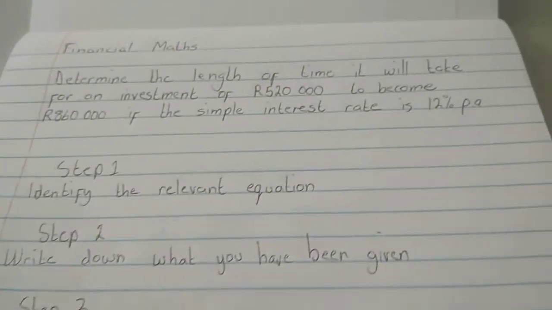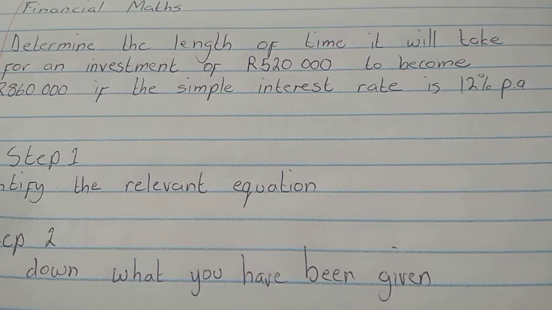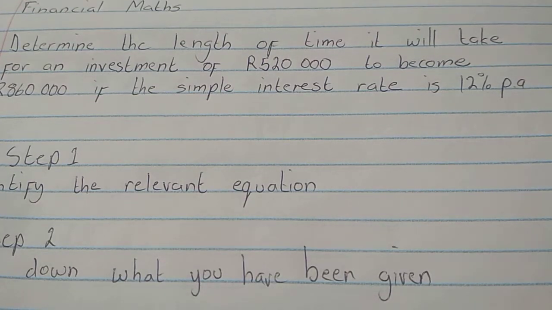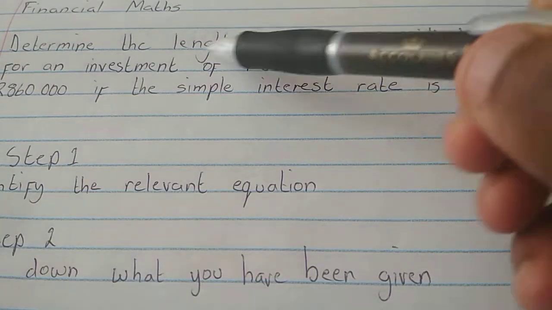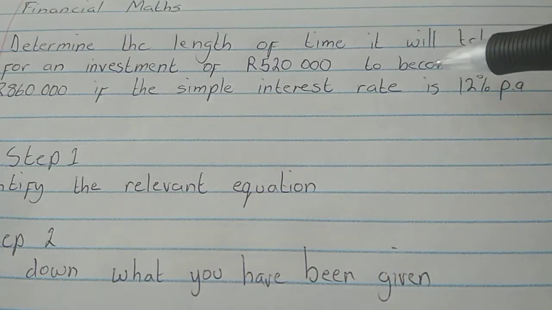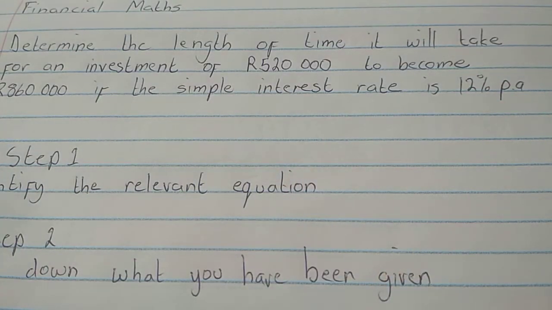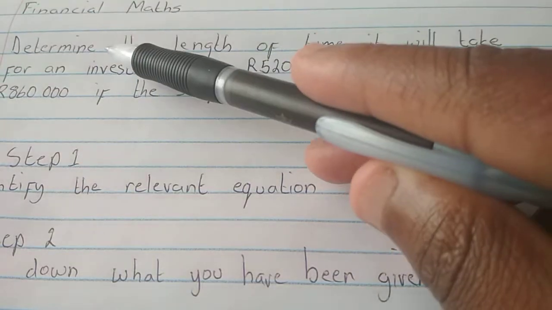Okay, so let's take our 3 simple steps and try to figure out the answer to this question over here. Step 1, identify the equation. So, from reading all of this, we need to figure out what is the correct equation to use. Let's get into it.